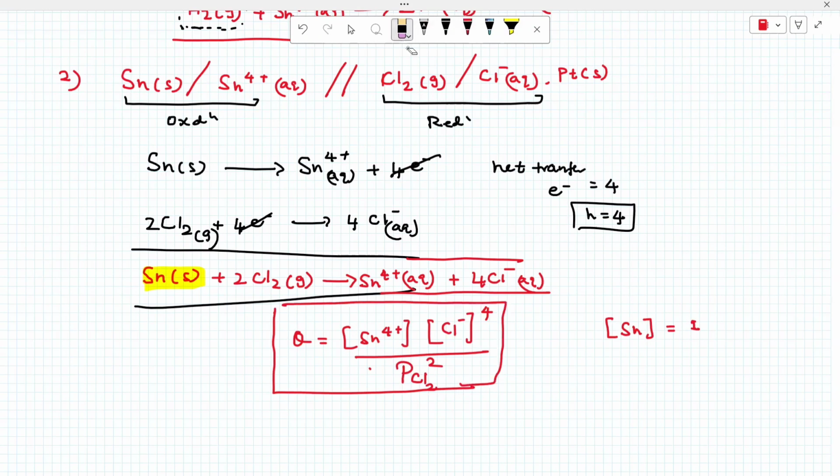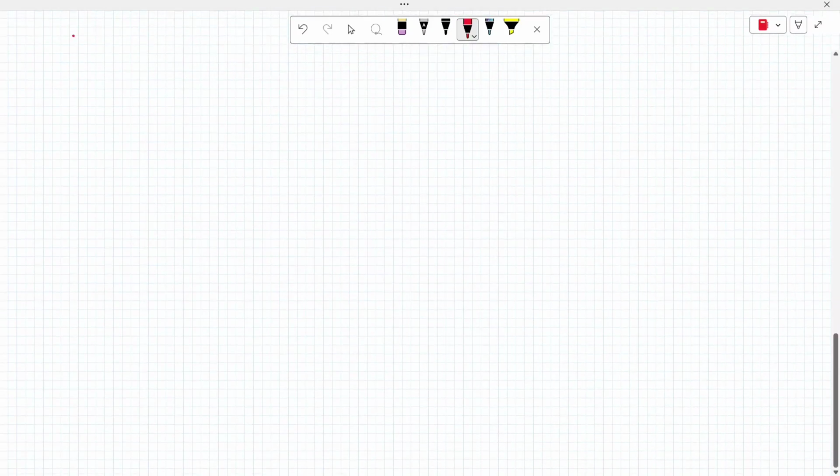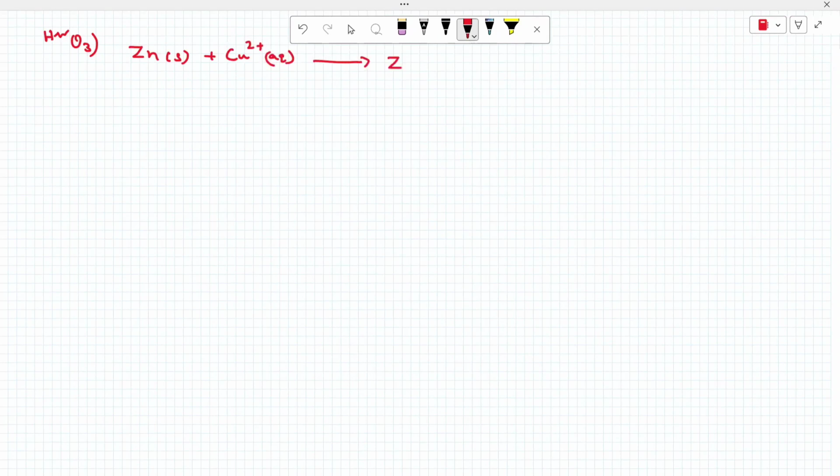Okay, now this reaction is homework, you can do it. Try it and share the answer to the WhatsApp group.